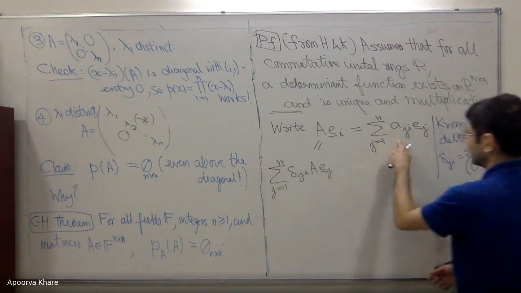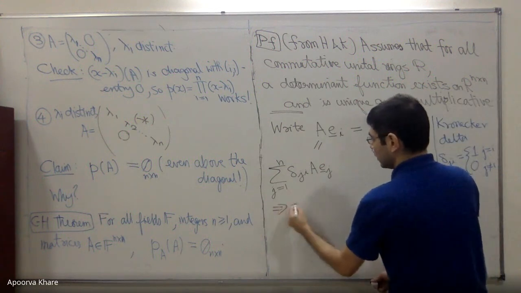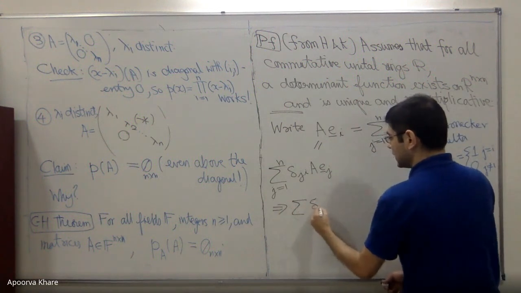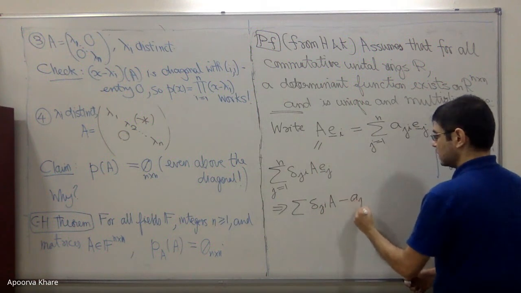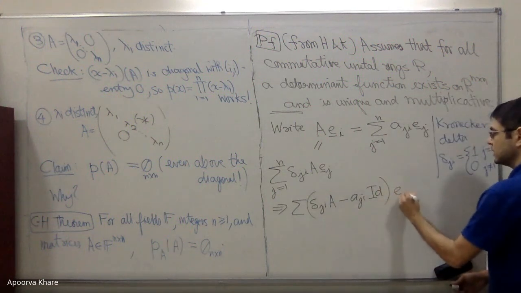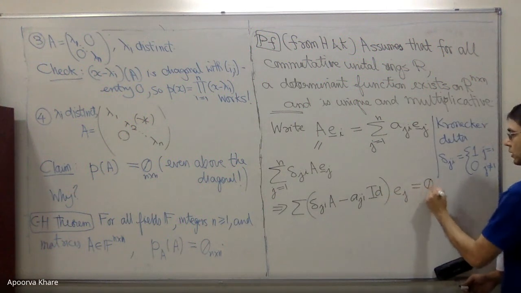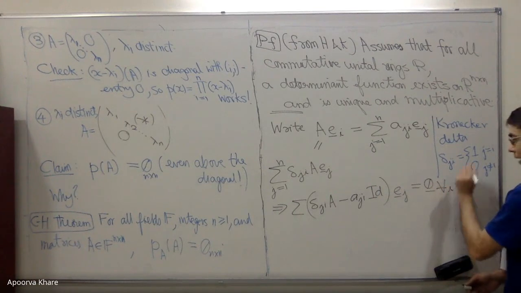So this is what it is. Now you get this equal to this. Both sides have E_j's summation. So I take the summation of (delta_ji A minus A_ji identity) times E_j equal to 0 for all i.